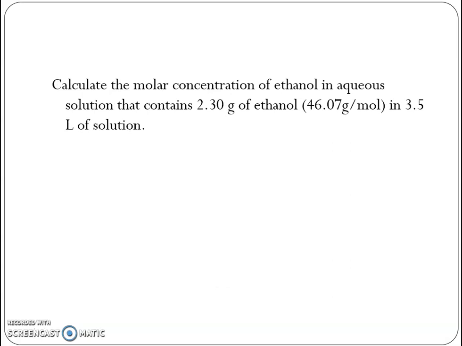Here is a question. Calculate the molar concentration of ethanol in aqueous solution that contains 2.30 gram of ethanol in 3.5 liters of solution. So you have the weight, you have the molecular weight. If molecular weight is not given, you can calculate it on your own because you know the atomic weights of elements like carbon, hydrogen, oxygen. All this you have studied in 12th. So it is easy to calculate the molecular weight.